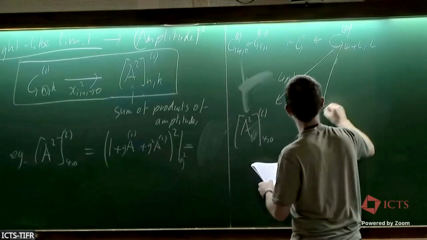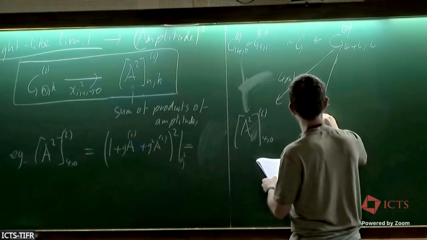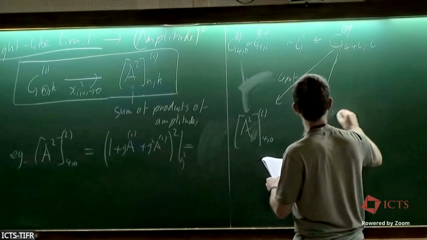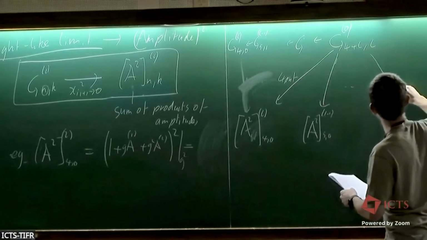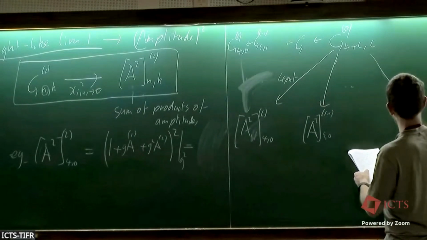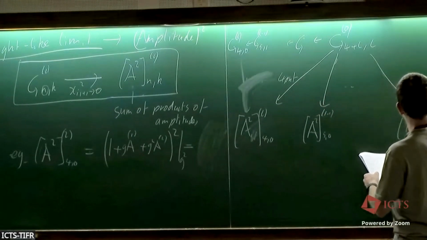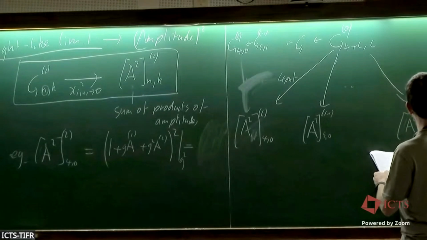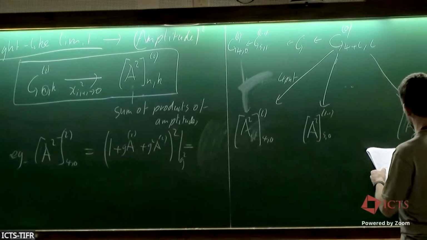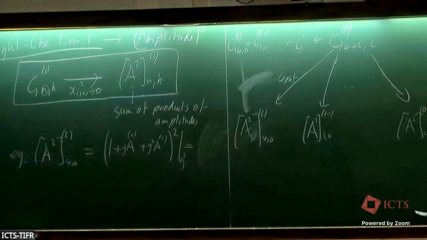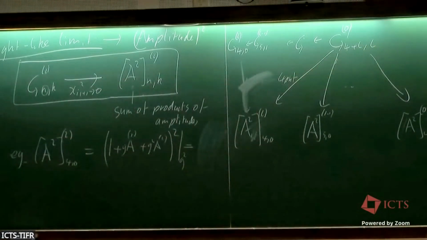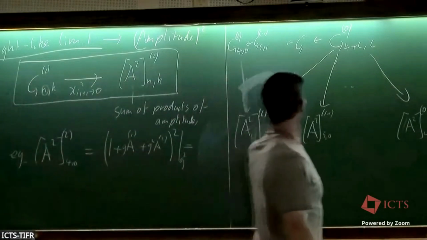Or I can take a 5-point limit at L minus 1 loops, and so on and so forth. I can get all of these things in one go. So this would be A squared at 4 plus L loops, K equals L, and tree level. The single correlator has all of these different amplitudes contained within it.